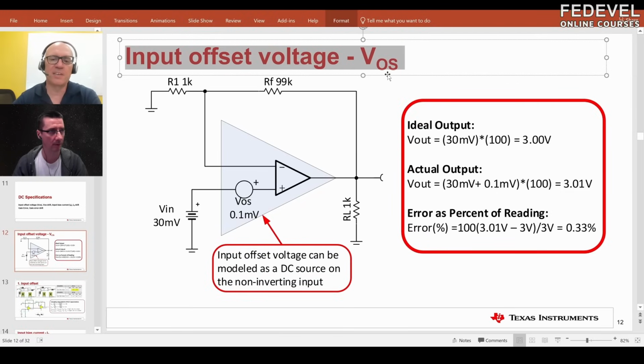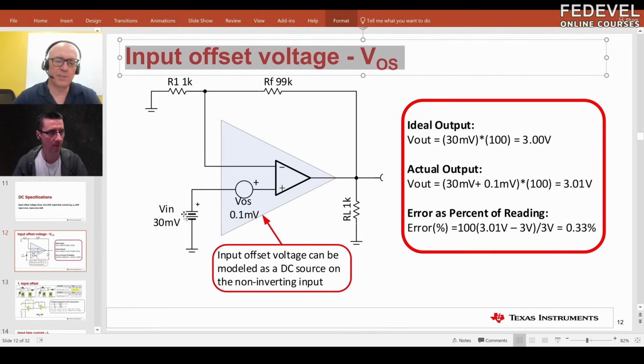In the case of input offset voltage, you could model it as a DC voltage source on the non-inverting input of your op amp. This is inside the op amp, and there's nothing you can do about it other than select an op amp that has a better input offset voltage. This is the non-inverting configuration we looked at earlier.